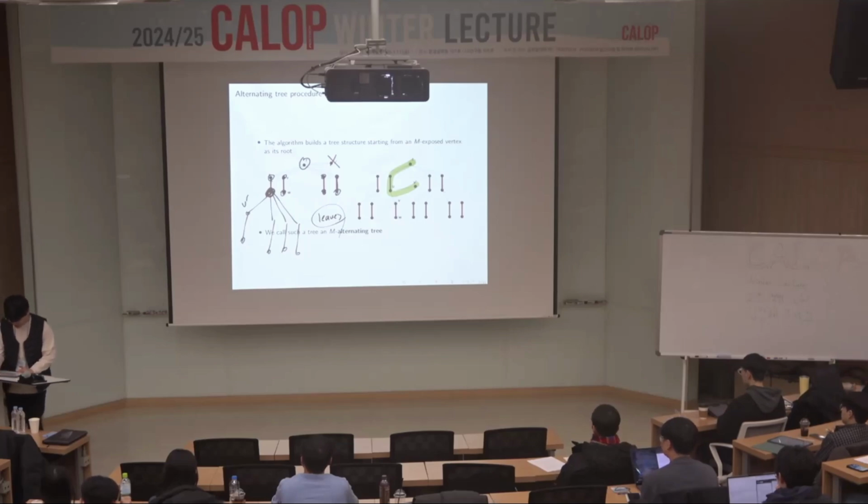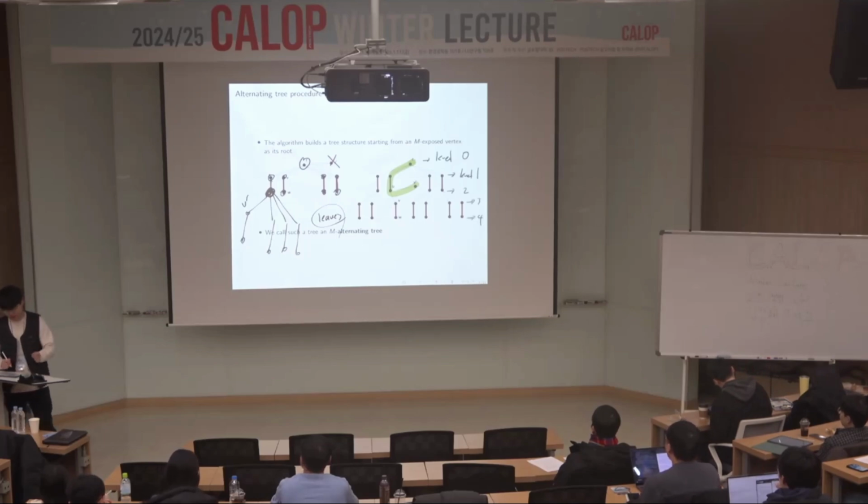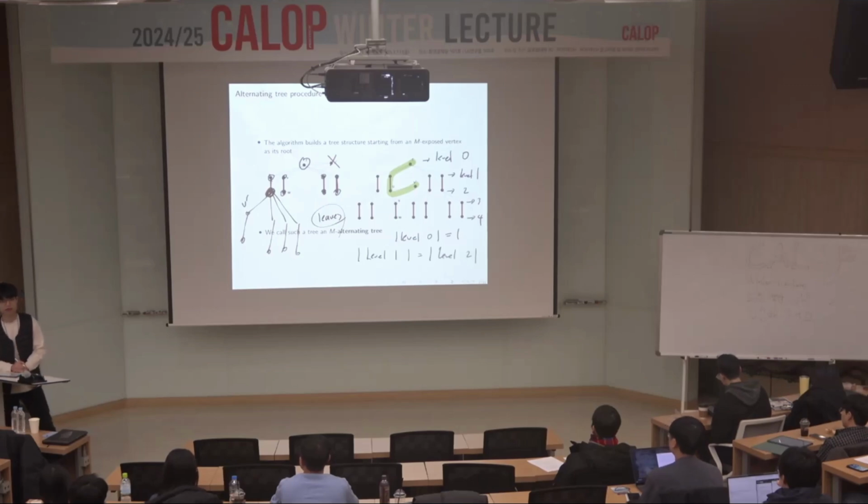The first level is level 0, and the next level is called level 1, and level 2, and 3, and 4. What's interesting is that the size of level 0 is always 1 because it's the root node, the exposed vertex. And the size of level 1 and size of level 2 are equal.